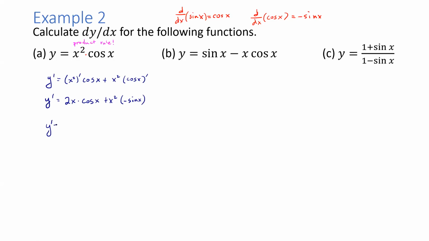So it's really just 2x cosine x minus x squared sine x. Okay, so there, we had to be careful. We need to use the product rule.